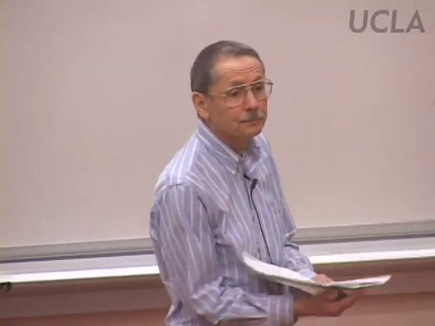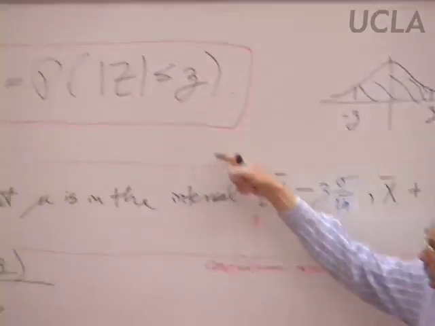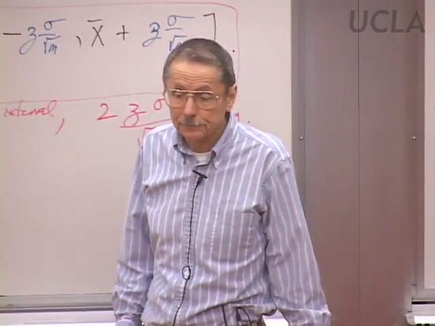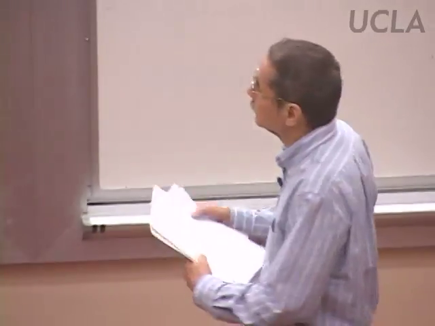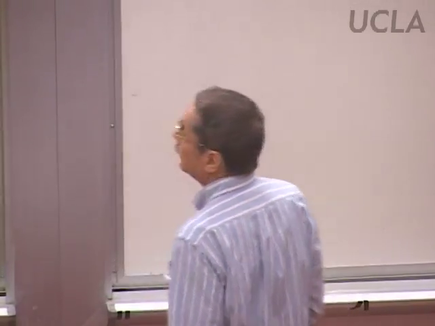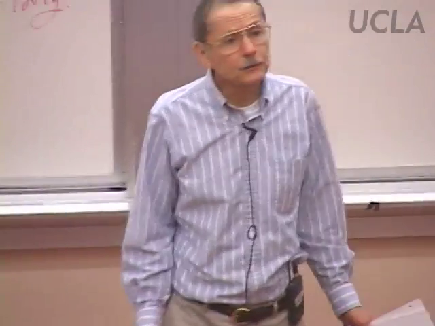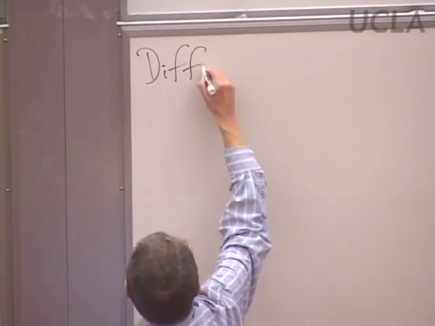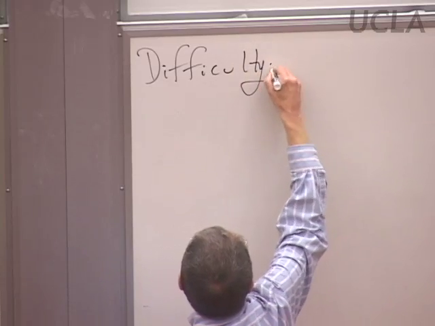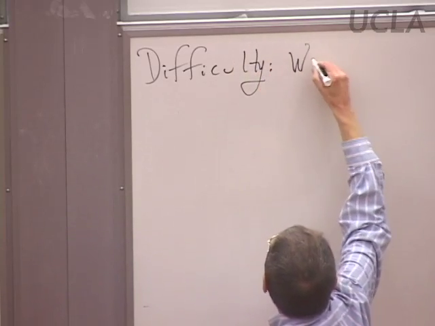Trouble is, as wonderful as these are, they're going to be useless when we don't know sigma. But we know S from our data. And so this is the confidence interval we get if we use sigma, which is fine if we know sigma. Maybe we don't.